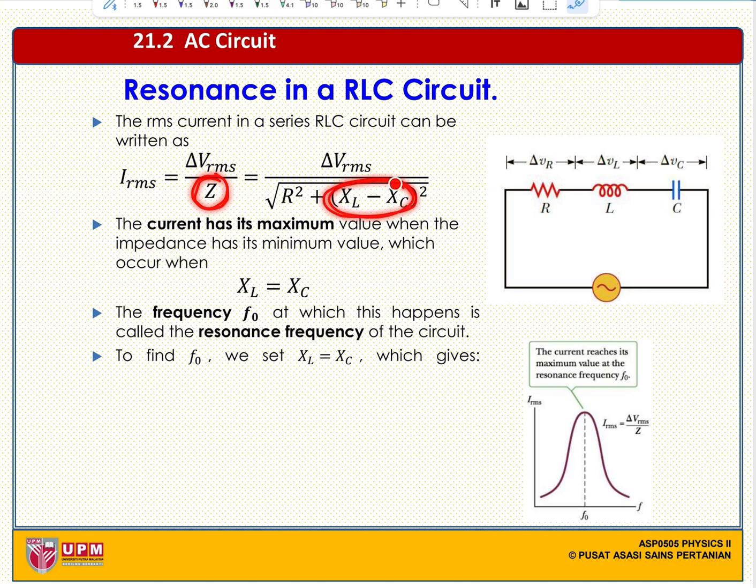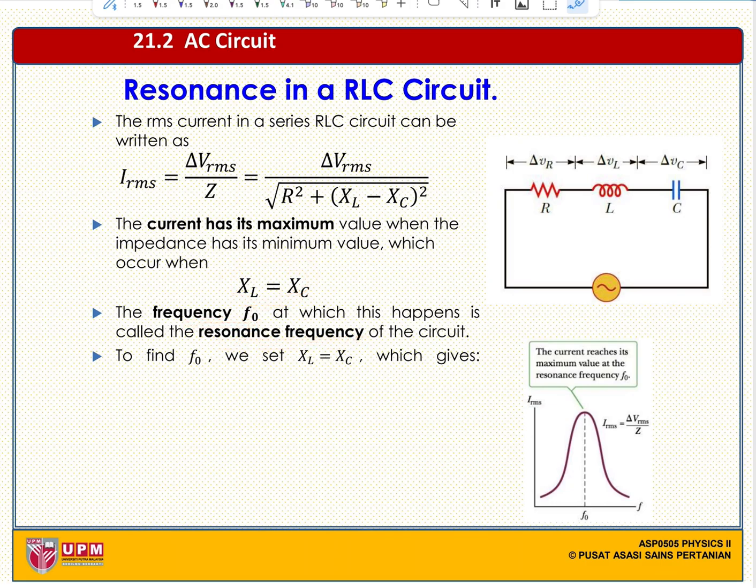Okay, this part tak ada, yang ada R sahaja. Waktu ni, maksudnya kalau XL minus XC 0, you will have XL equal to XC lah. Okay. Waktu ni frekuensi yang happen during this situation, kita panggil dia sebagai resonant frequency.